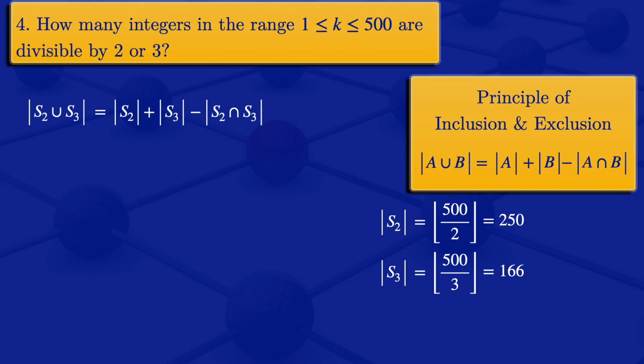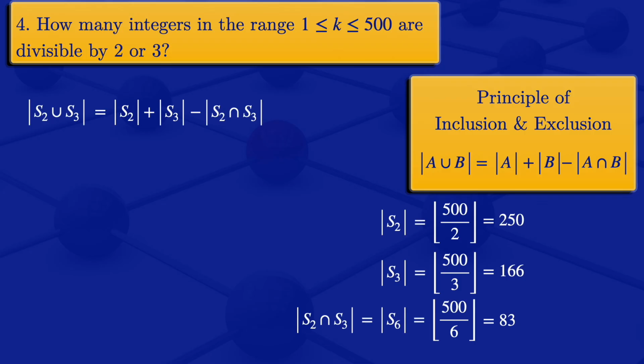For the cardinality of S2 intersection S3, this will give us the cardinality of S6. Numbers that are divisible by 2 and 3 are numbers that are divisible by 6. So using the floor value, it will be the floor value of 500 divided by 6, which will give us 83.